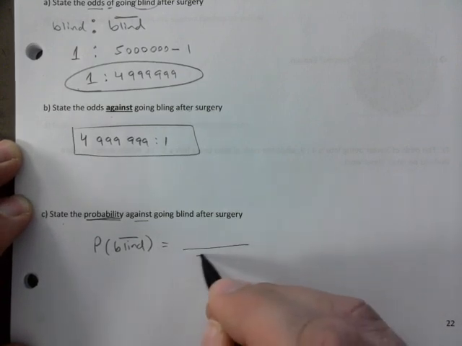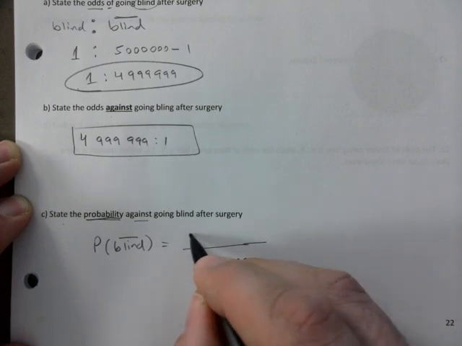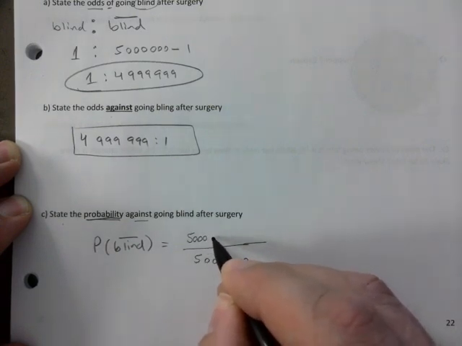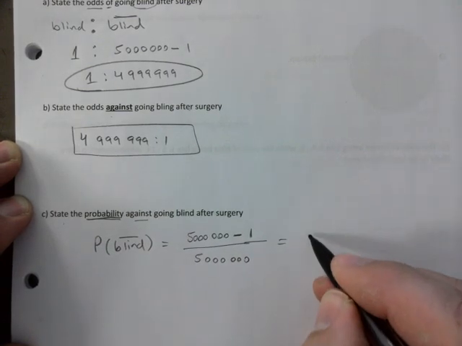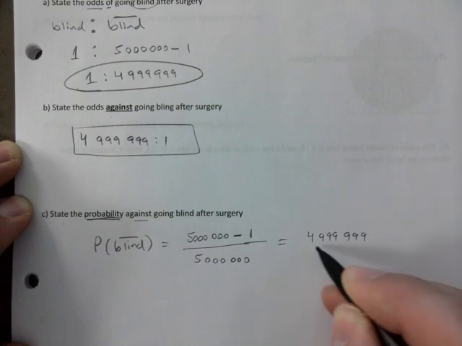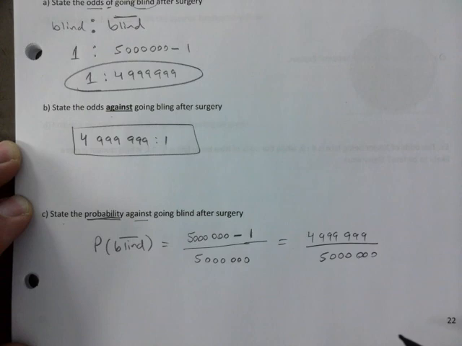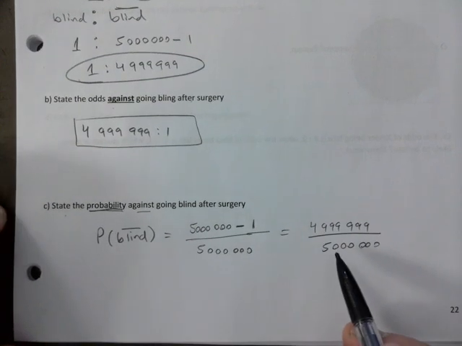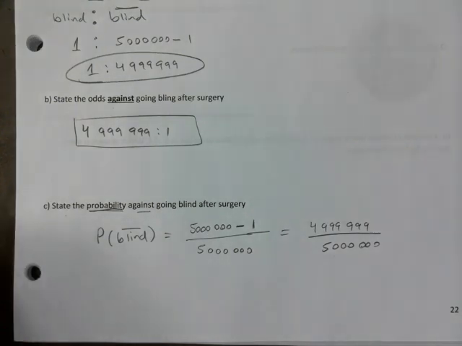You would go 5 million, right? That's your total. And you would go 5 million minus 1. So it's 4,999,999 out of 5 million. So this would be your probability against going blind there.